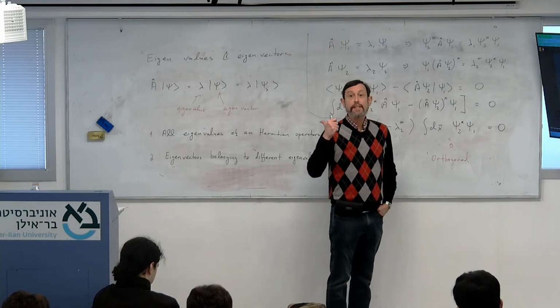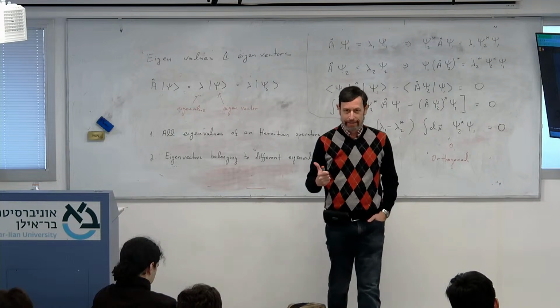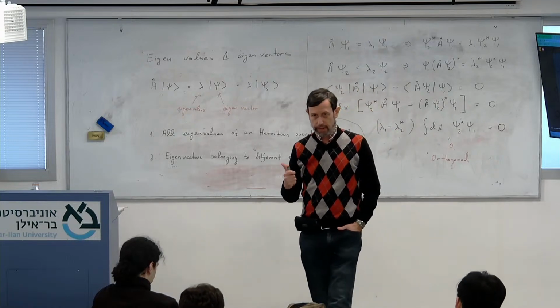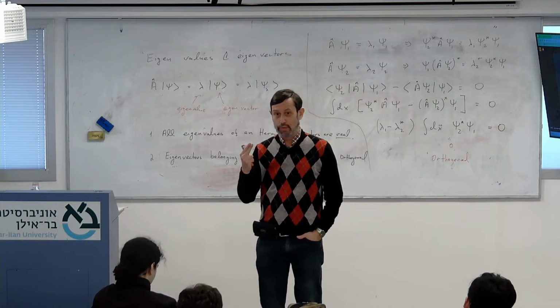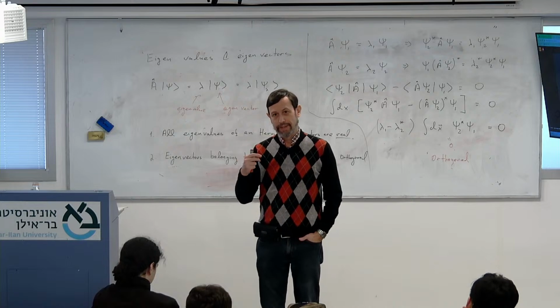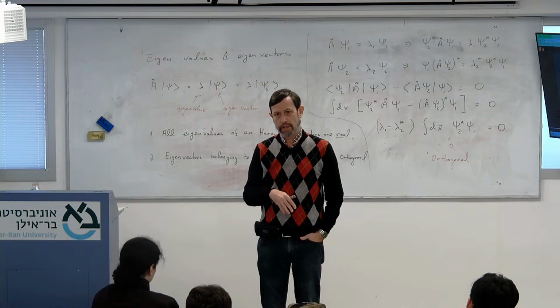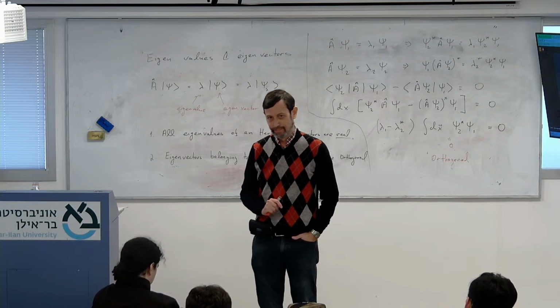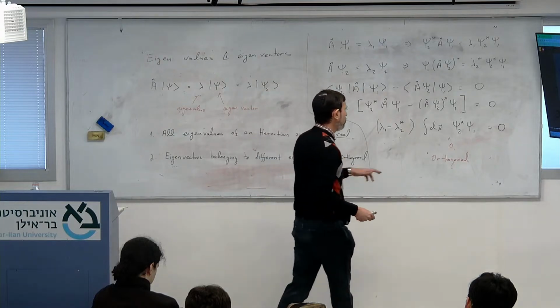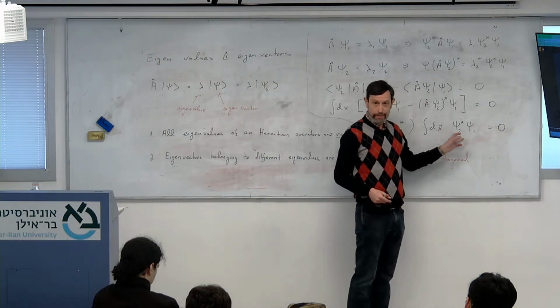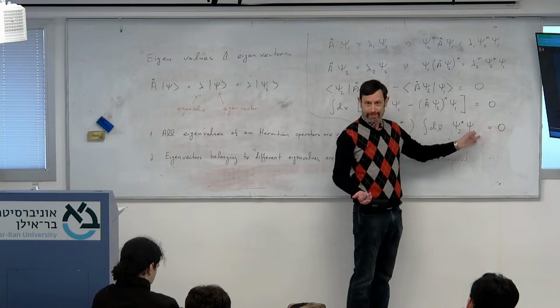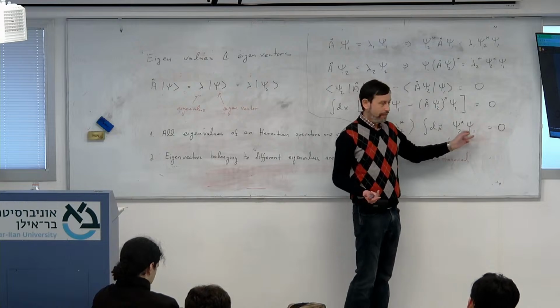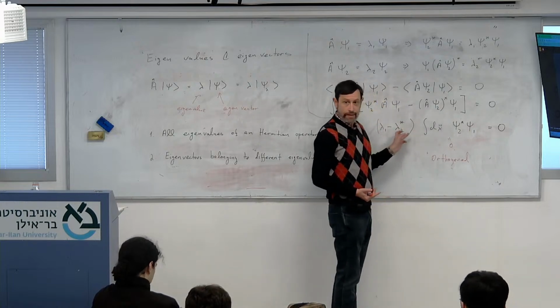And if it's the same case, meaning psi 1 and psi 2 belong to the same eigenvalue, let's take it even simpler: psi 2 is psi 1. If psi 2 is psi 1, this is 1. So lambda 1 minus lambda 1 complex conjugate.